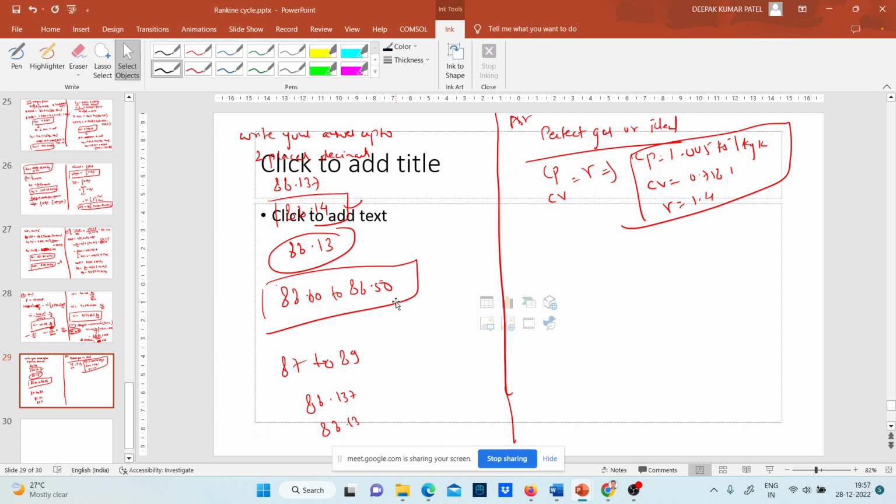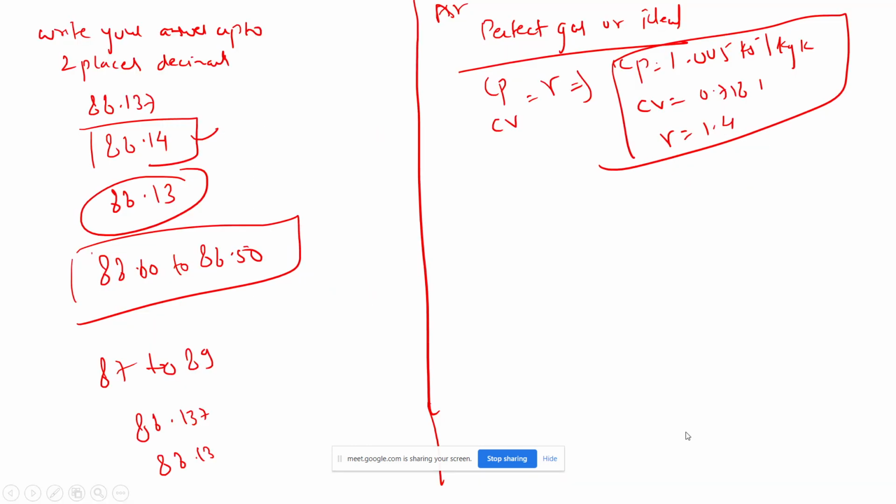The biggest problem which comes in the GATE exam is that they play with you in the units. Suppose in the question they have given every value in kilowatt, and then in the options they ask in megawatts or gigawatts.